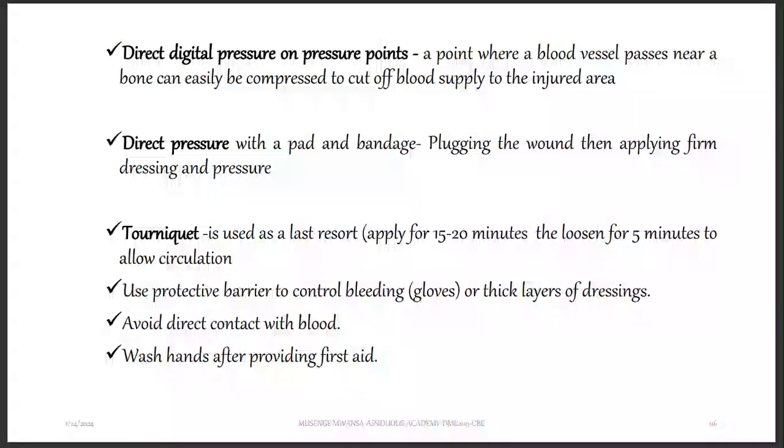So there's going to be some direct digital pressure on pressure points. A point where a blood vessel passes near a bone can easily be compressed to cut off blood supply to the injured area. Say, for example, your leg is bleeding, and you know that at this location there is going to be a blood vessel.